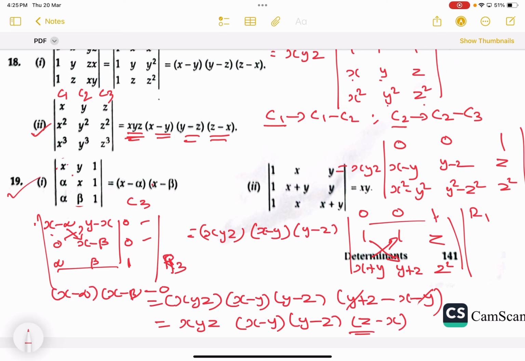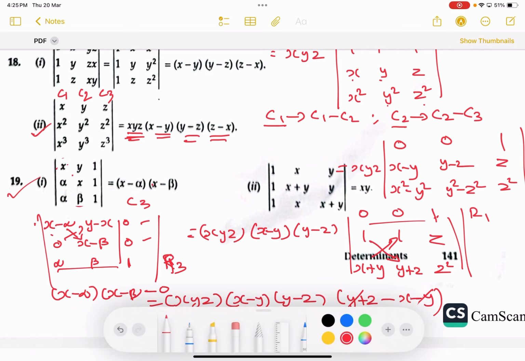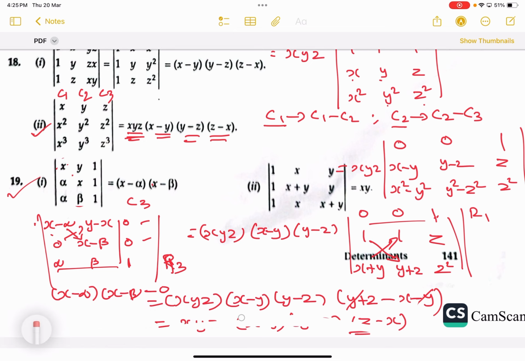Shall I write properly one more time? This is simple for you.